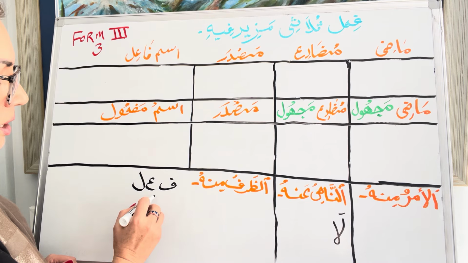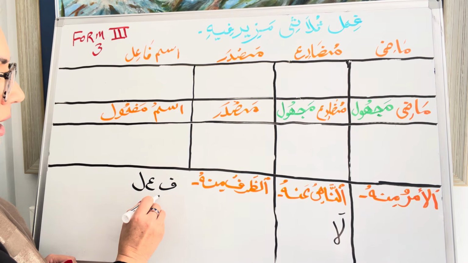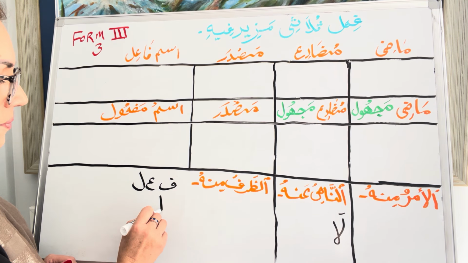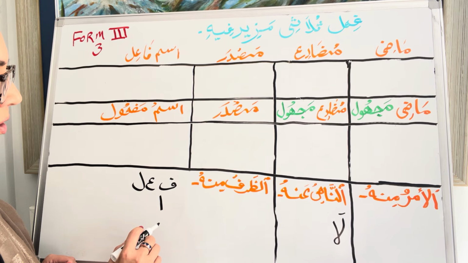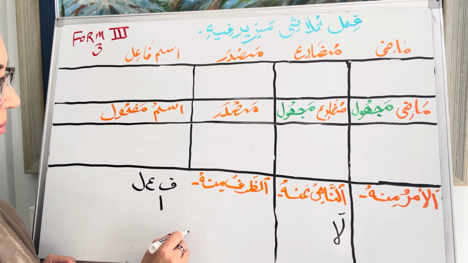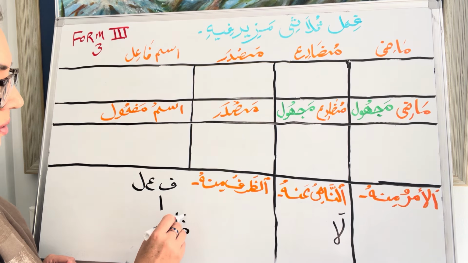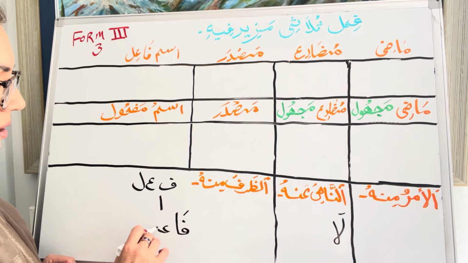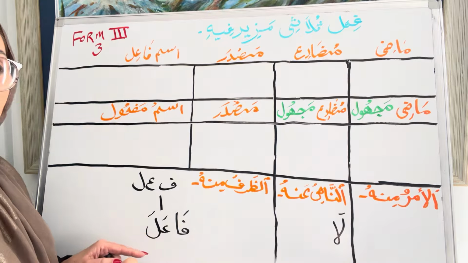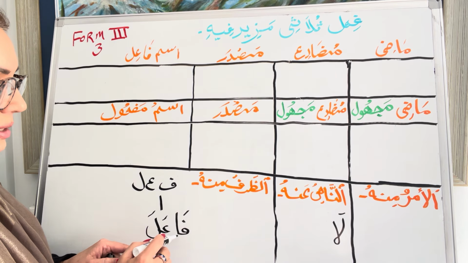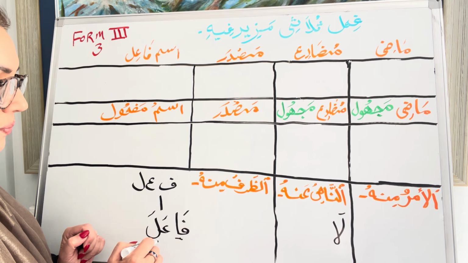So, and then in here, in form 3, an alif is added here. So now it becomes fa'ala, right? So now this is something new that is added in this form 3, and the alif is added.